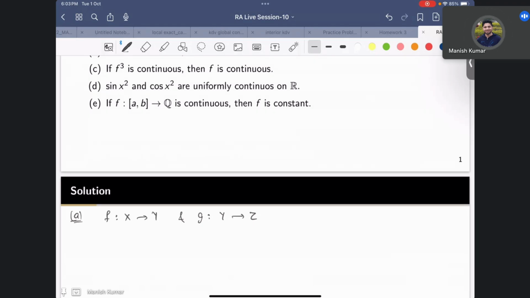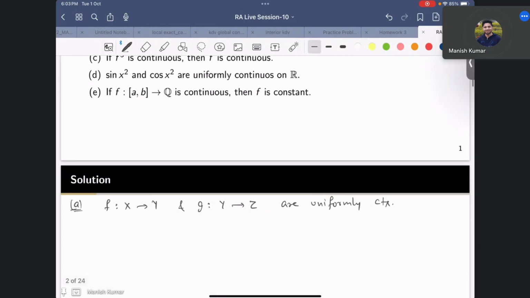So f and g are uniformly continuous. And our claim is that g composed f, which will be a function from X to Z, is uniformly continuous.